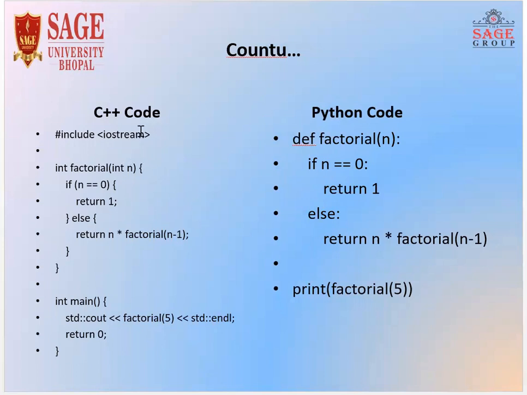The only difference is that in C++, additional lines are written: we have included the header file iostream.h, the main function, and the cout and cin objects to perform the input-output operations.